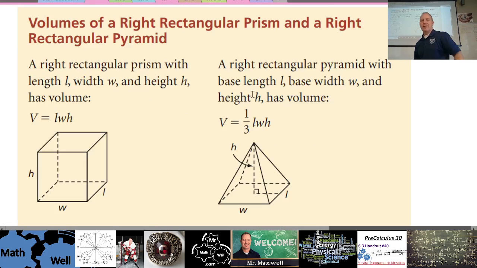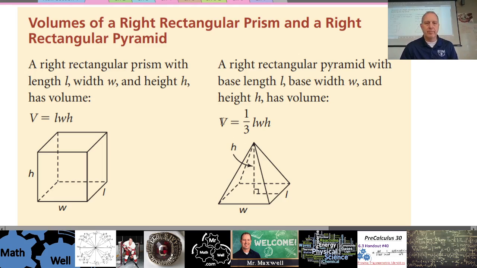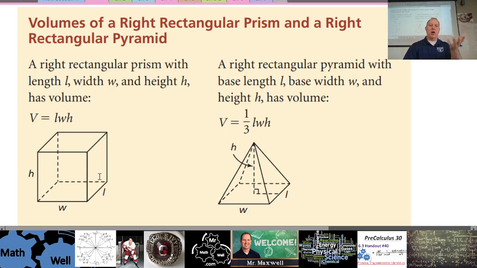Okay, volumes of right rectangular prisms and right rectangular pyramids. So before, the graphic was just any kind of right prism and a right pyramid. This is the rectangular one, which honestly, we've talked about this, haven't we, right? If you have a rectangular or a square-based prism, it's the area of the bottom times the height.